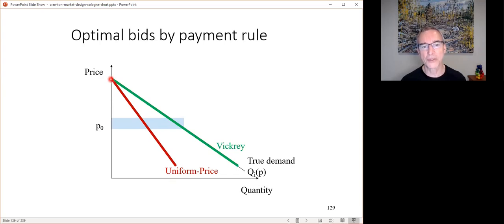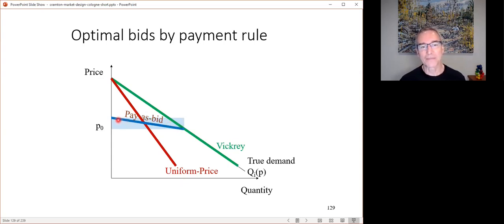So I bid the truth at a quantity of 0, and then shade my bid more and more as I bid for additional quantity. So that's the uniform price auction. And you can see, because of the shading, it's now unclear whether Vickrey or uniform price is going to generate more revenue.